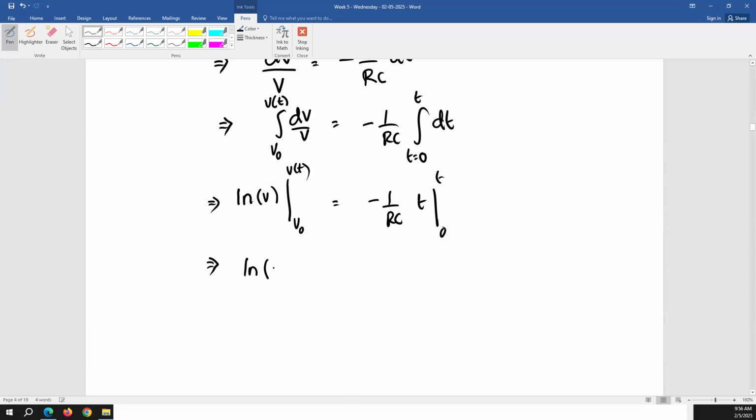Natural log of V of t minus natural log of V naught equals negative 1 over RC times t.